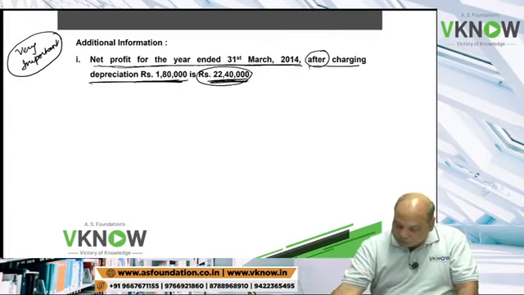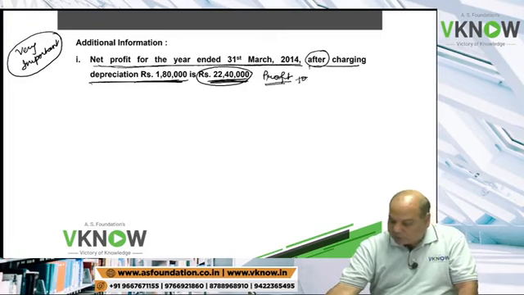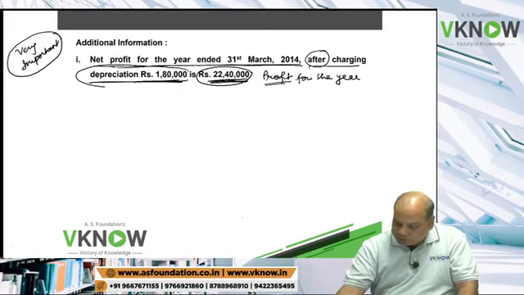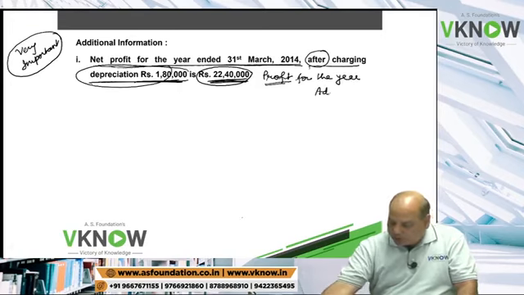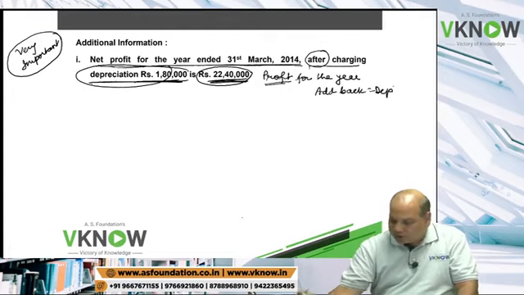So 22,40,000 is profit for the year, and depreciation I will add back.